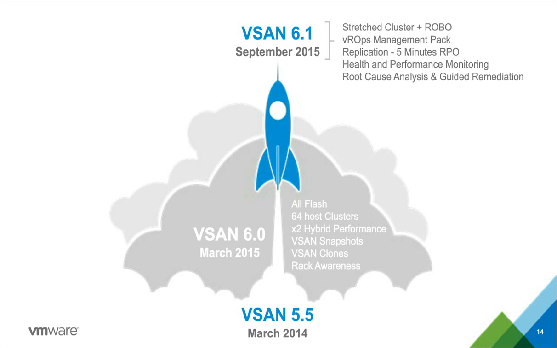And you can keep up to 32 snaps open. So if you need checkpoints as part of your workflows, vSAN can actually give you almost a native array-like performance in terms of snapshots. And we also have the concept of rack awareness, so you can distribute data across your data center intelligently.